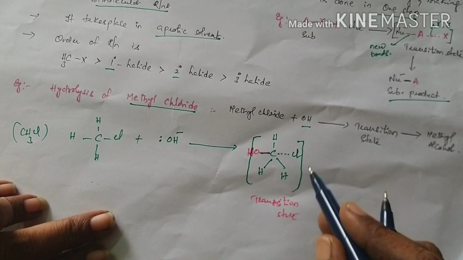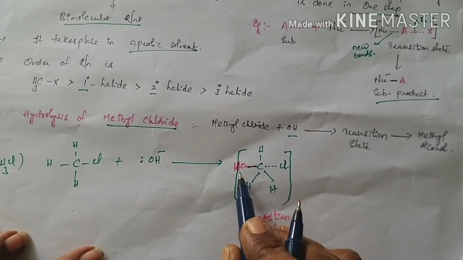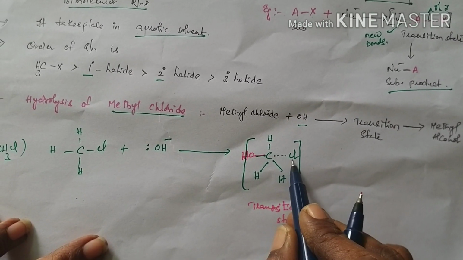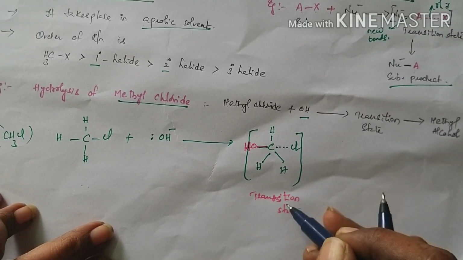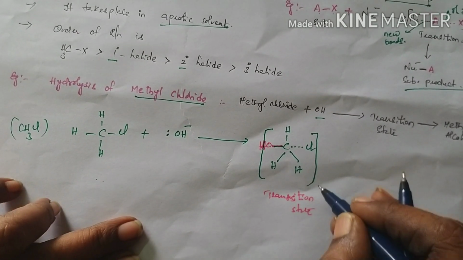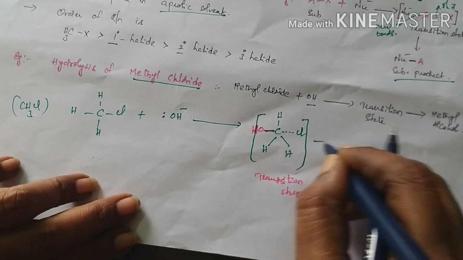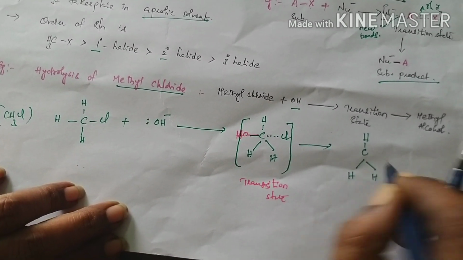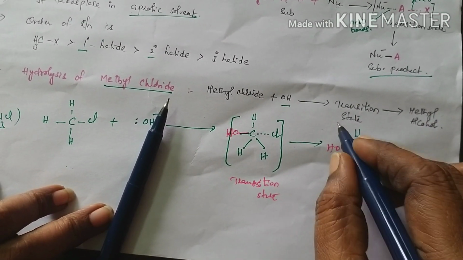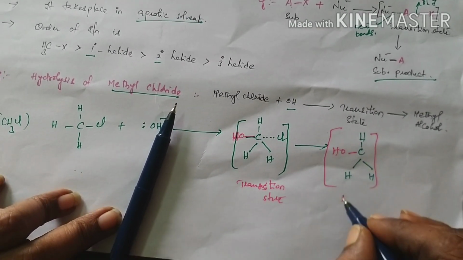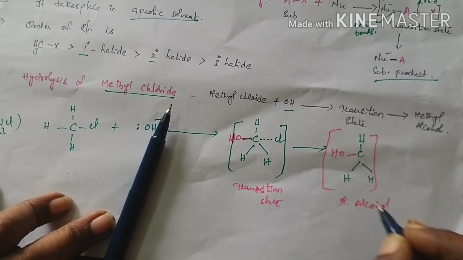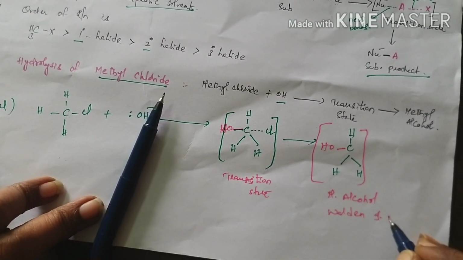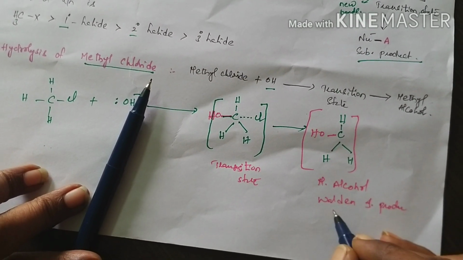However, the important point is that the nucleophile is added to the carbon atom from the side opposite to the leaving group, like the chlorine. Hence it produces an inversion product called the Walden inversion product: CH3OH. So this is the structure of methyl alcohol. Such a process is called Walden inversion.